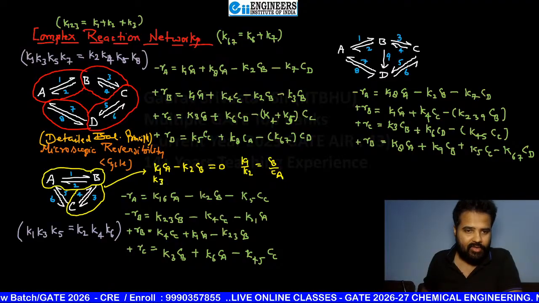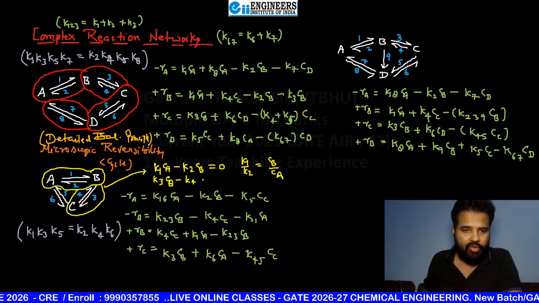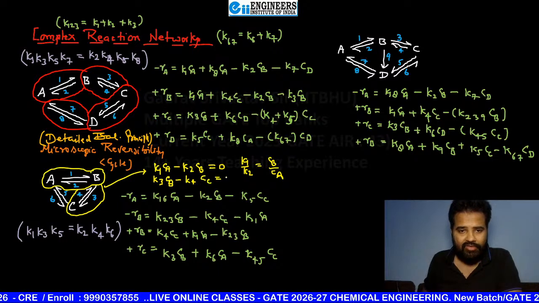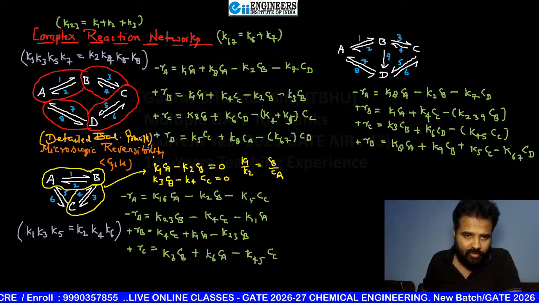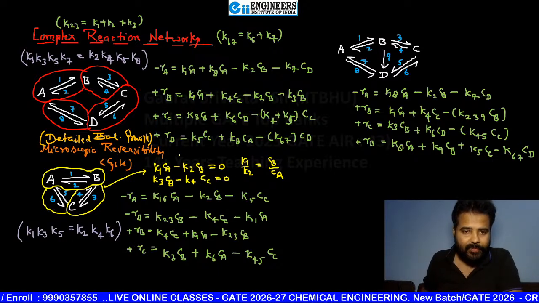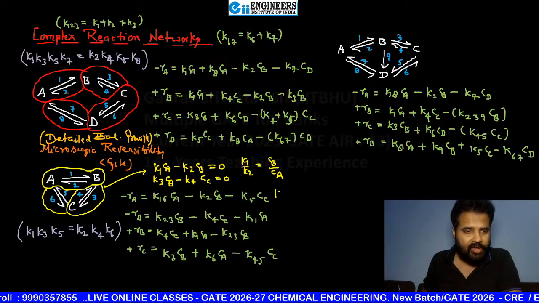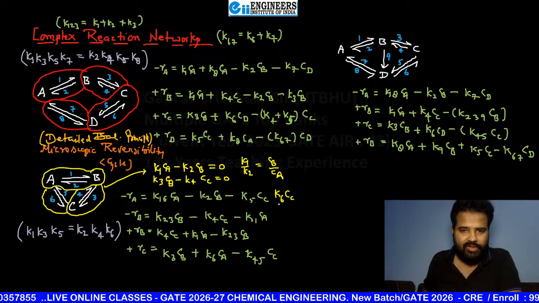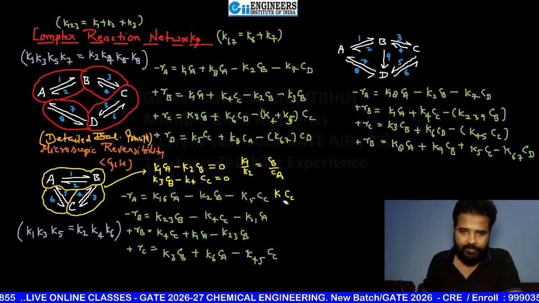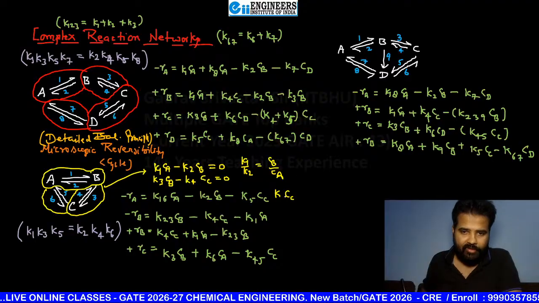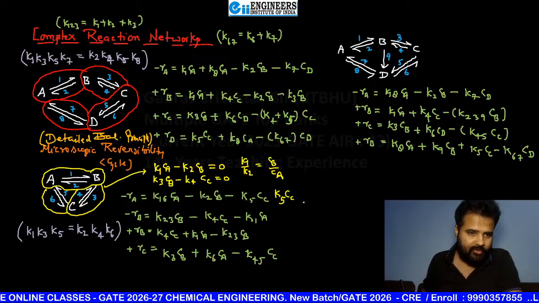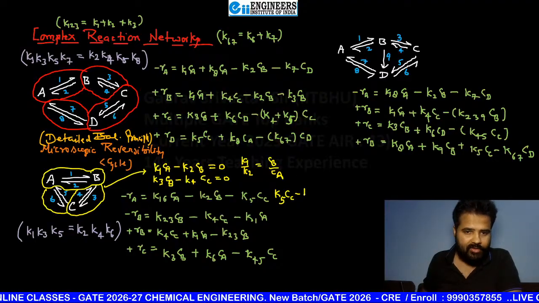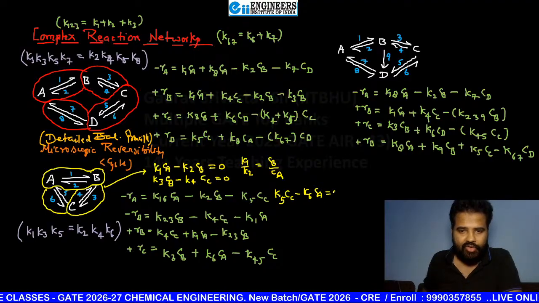So K3 CB minus K4 CC equals 0. One more, let me adjust it here. So it will be K5 CC minus K6 CA equals 0.